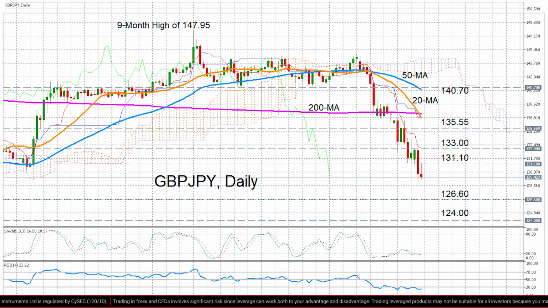If though we do see a bit of a turnaround, prices would first have to overcome the 131.10 level, which has been both support and resistance in the past, and then we've got the 133 level where the red 10-count trend line of the Ichimoku cloud currently sits, and then the 135.55 level could also act as a resistance, but then it would soon meet the moving averages as well as the Kijun trend line, so we could soon see a potential obstacle around 137 if pound yen was to attempt to recover.